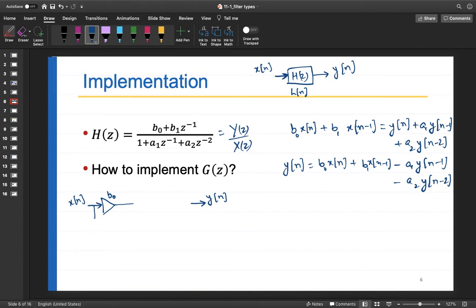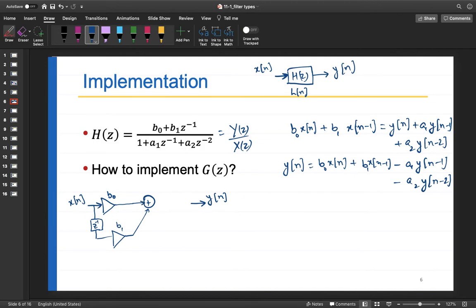So I have to generate x n minus 1. How? By introducing a delay term, z minus 1, one time delay, so that this is x n minus 1. Then again a multiplier, b1 times x n minus 1, and they get added. So I put an adder here, and I add the two, right?